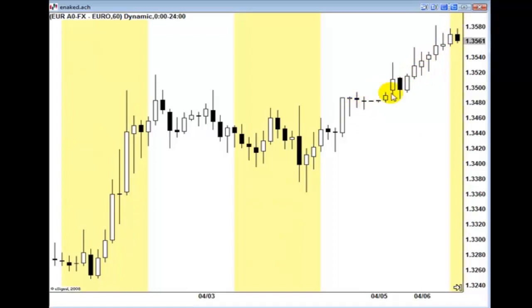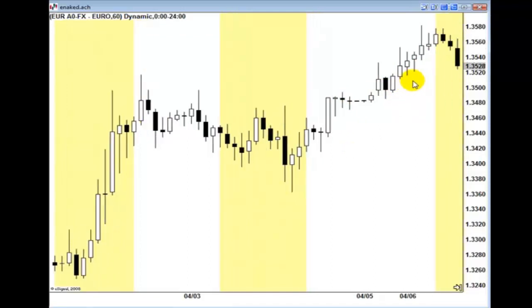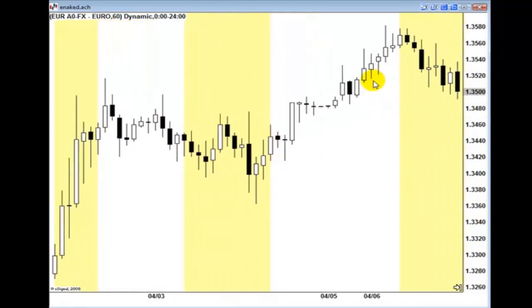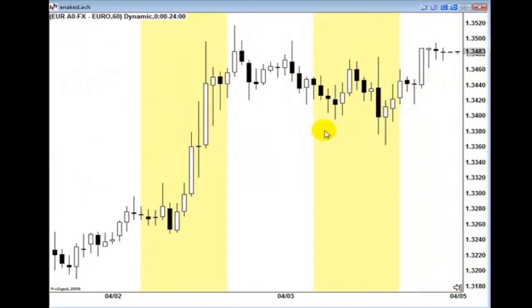Don't worry about that one because that's over the weekend, so that's insignificant. But if we go back all the way back here, on average about 15 or 20 candles, and then you get these really small candles, and you get this nice move beginning to move down. In fact, there was a massive move down.